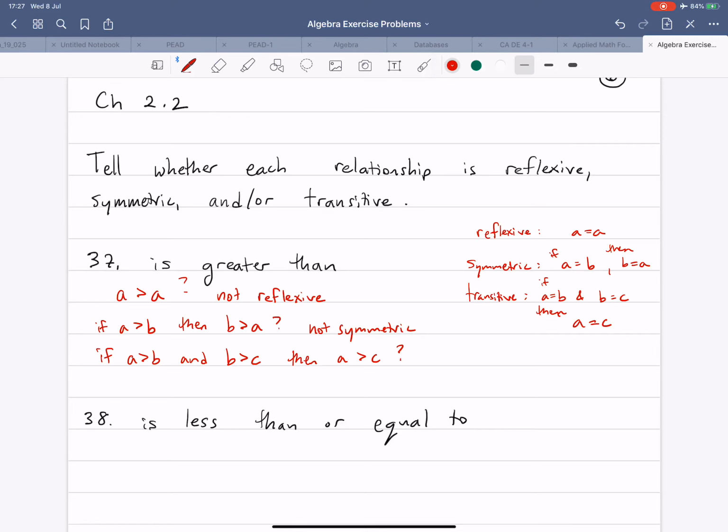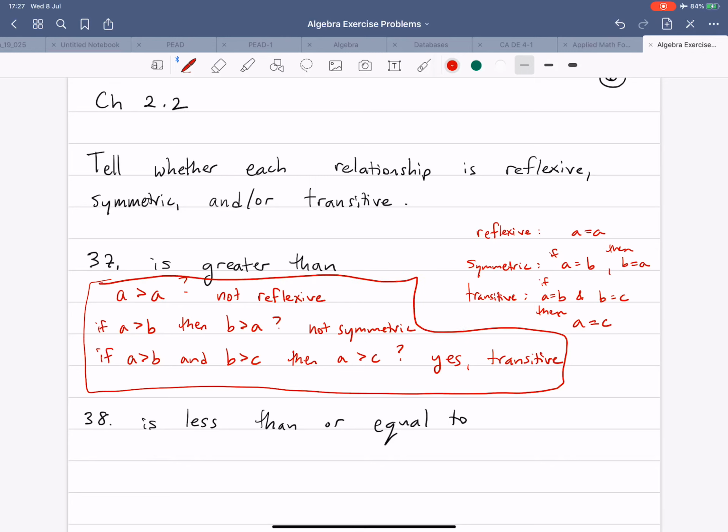Well, B was bigger than C and A is bigger than B, so yes, this has to be true, that A is bigger than C. So yes, transitive. And if I were boxing my answer, it'd be this whole thing here. All right, that's it for today.